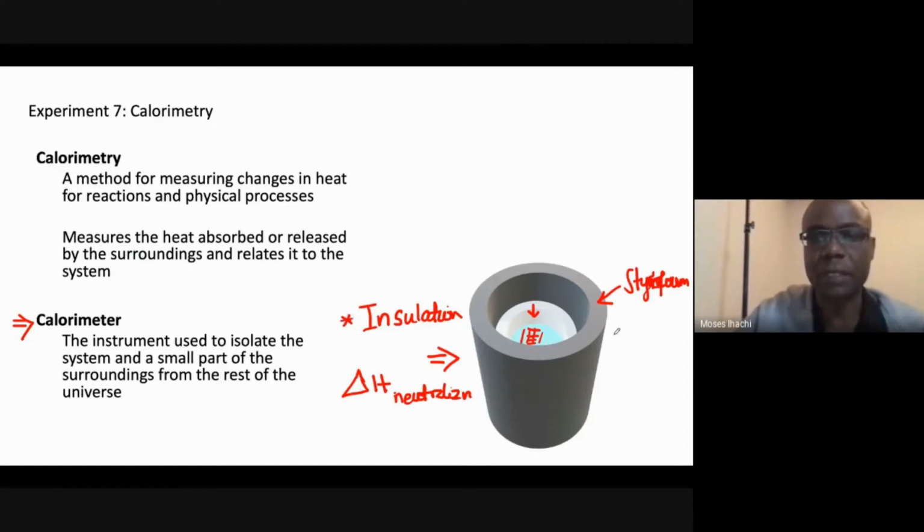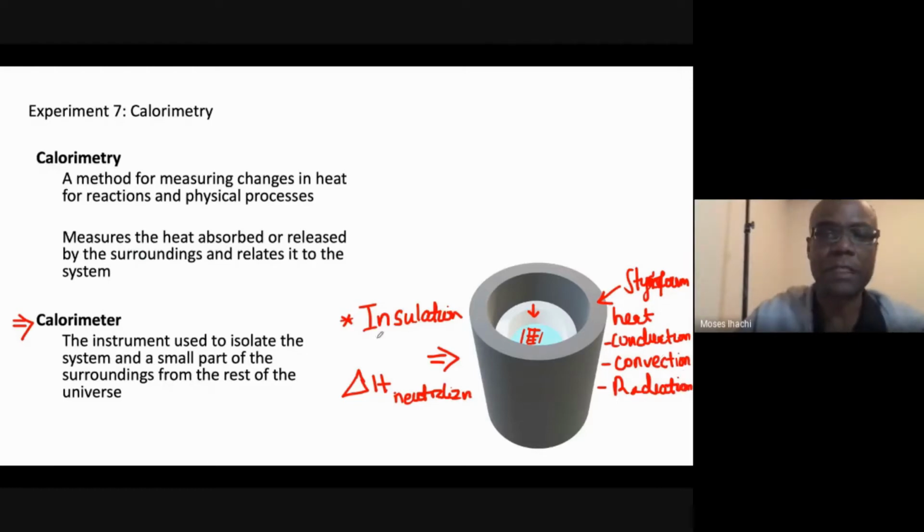Heat can be lost by conduction, that is through solid matter. We are preventing heat loss by conduction. We are preventing heat loss by convection, which is through a gas medium, like through air. And you're also preventing heat loss through radiation, that is by waves.